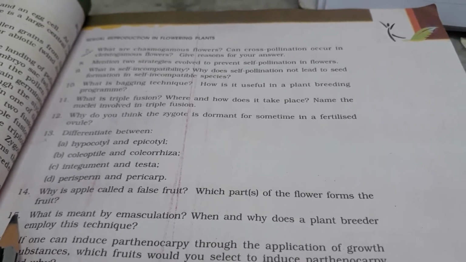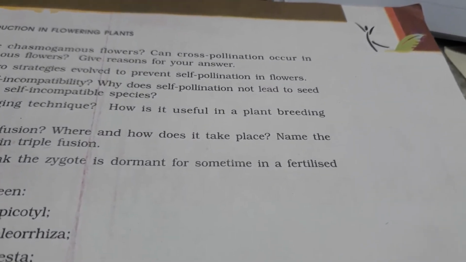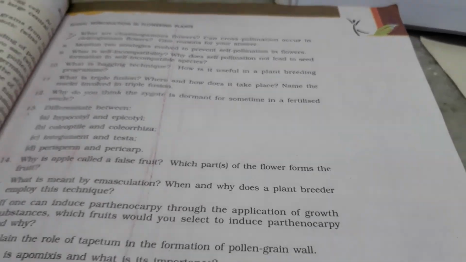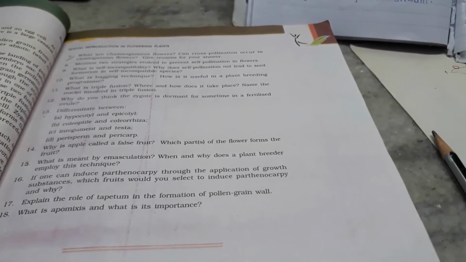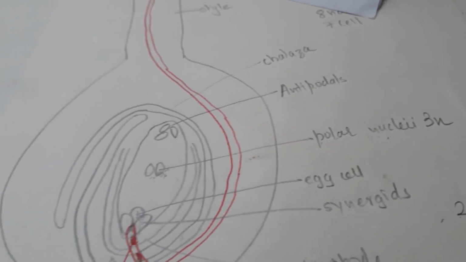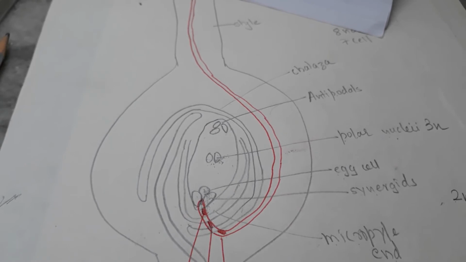And I had told you that I would be giving you homework regarding the first chapter, the diagrams. I want you to draw the diagrams of the first chapter and send them to me.